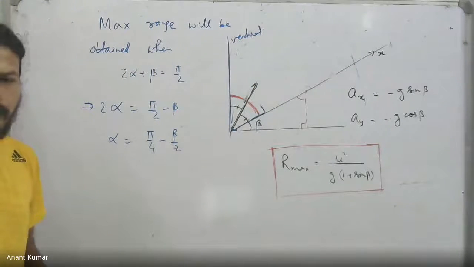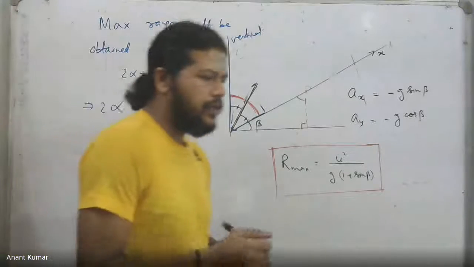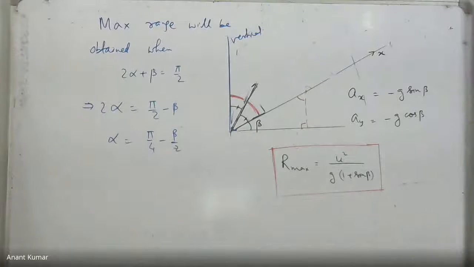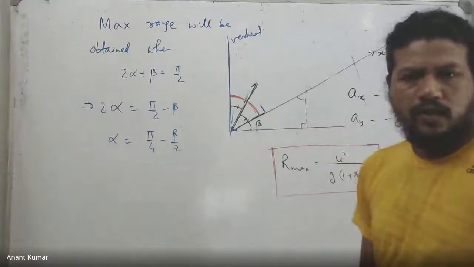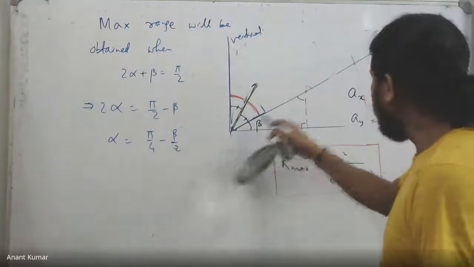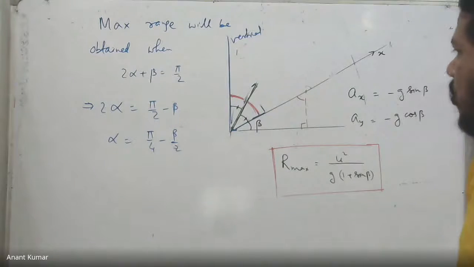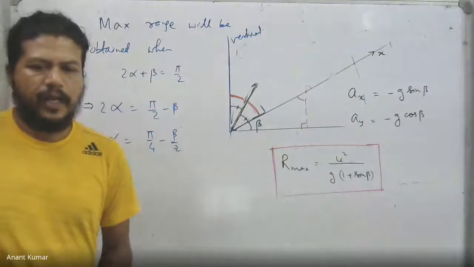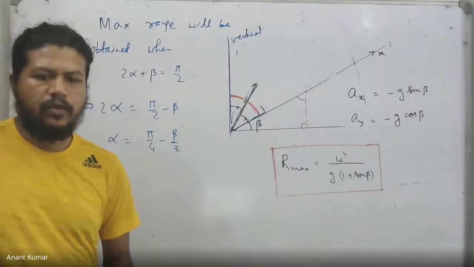This was also happening when we had the projectile on the horizontal plane. Even in that case, the range was maximum at 45 degrees, which was nothing but the bisector of the angle between the ground and the vertical. In this case, the same thing is happening, only the ground is no longer horizontal. The ground is like this. So it is still happening that the maximum range is attained when the angle of projection bisects the angle between the vertical and the inclined surface. That always happens effectively.